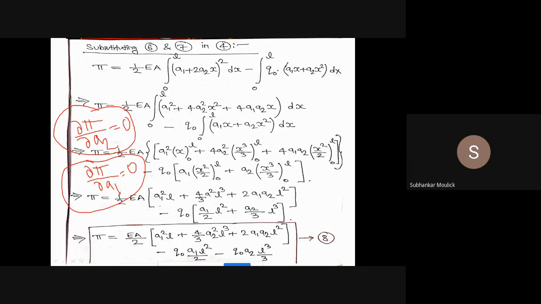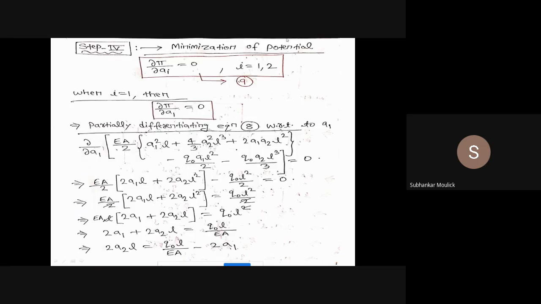Okay, so in the next step, minimization of the potential function is done. What is I? I represents the number of unknown coefficients present in the final modified form of the potential function.